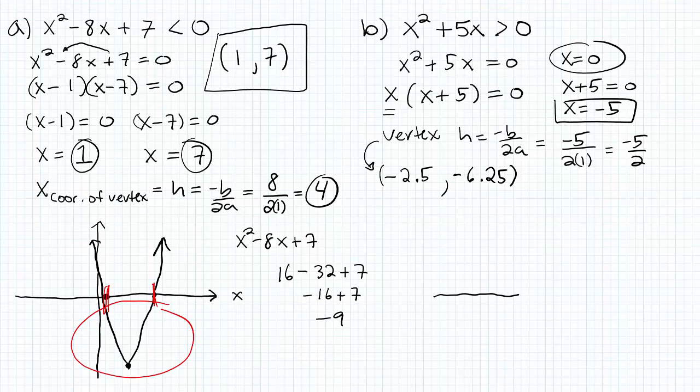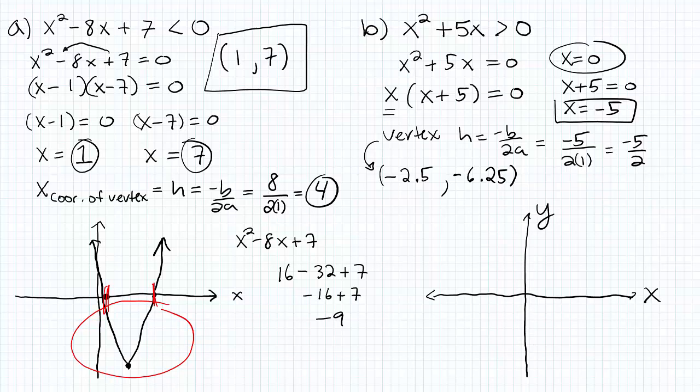All right, so let's draw our graph using a simple rectangular coordinate system here. And we can start by plotting the vertex, for example, negative 2.5. So 2.5 might be over here, and down 6.25 is 1, 2, 3, 4, 5, 6, 6.25. So somewhere around here is where the vertex is located.